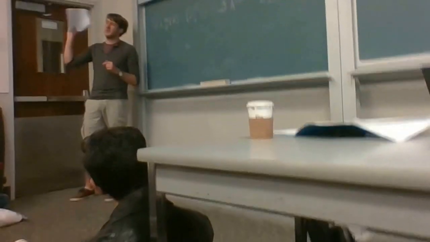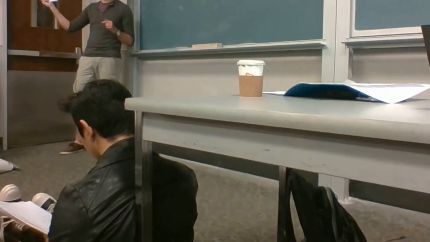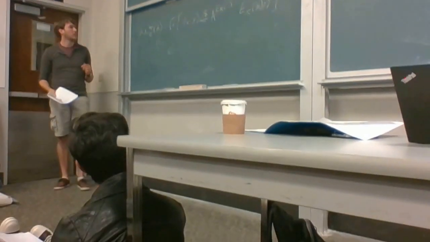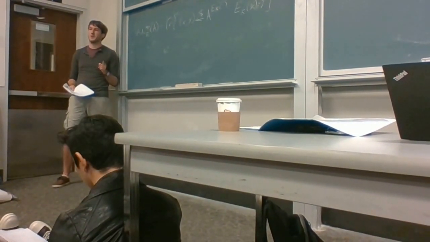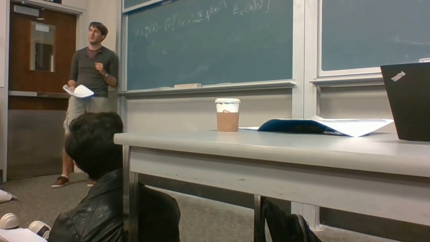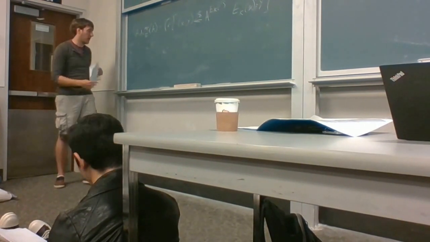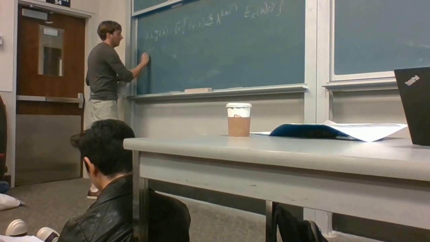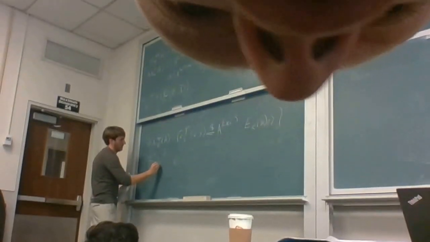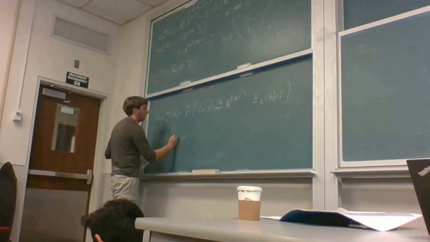So here's something that a lot of people didn't understand on the homework. The goal of the homework was to show that PRP security implied unpredictability, right? So in class we proved that PRP security implies KR security.